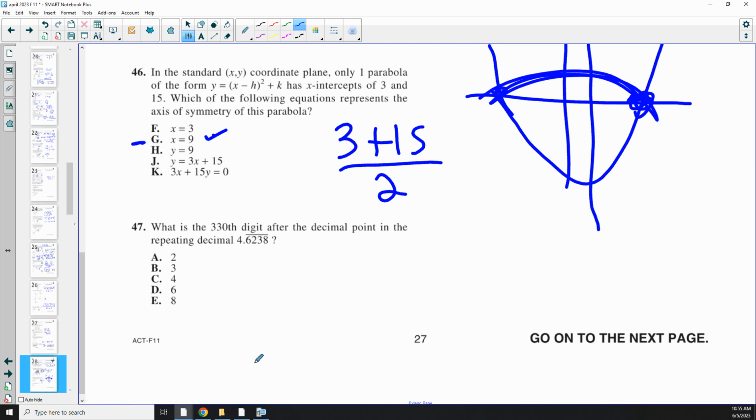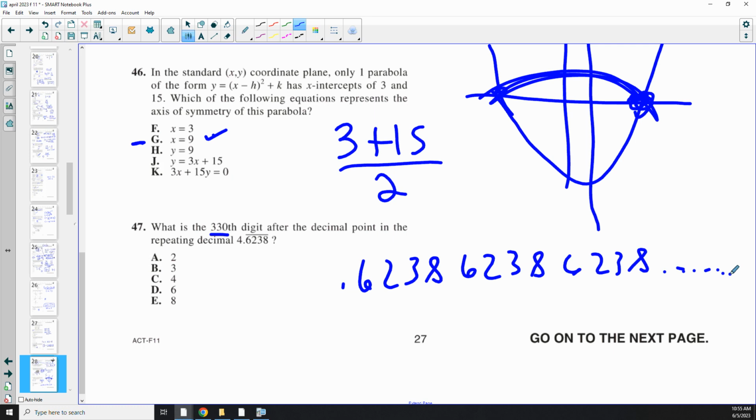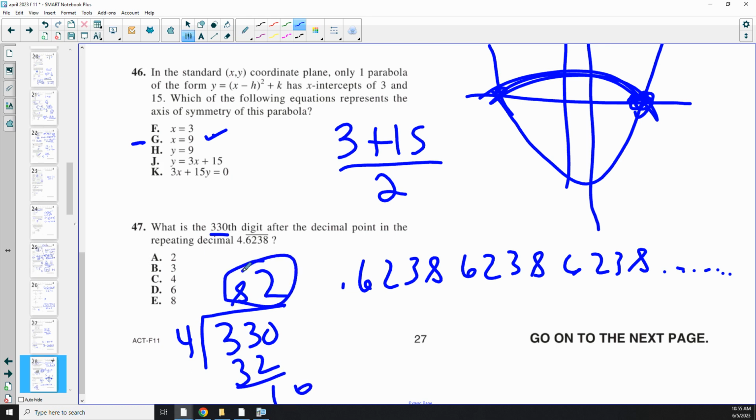Here's a repeat. It is the 330th digit of 6238. 6238, 6238. If you think I'm counting to 330, you're out of your mind. What do I do? I divide by 4, and that means there are 82 perfect trips. 82 times 4 is 328, and the remainder is 2.